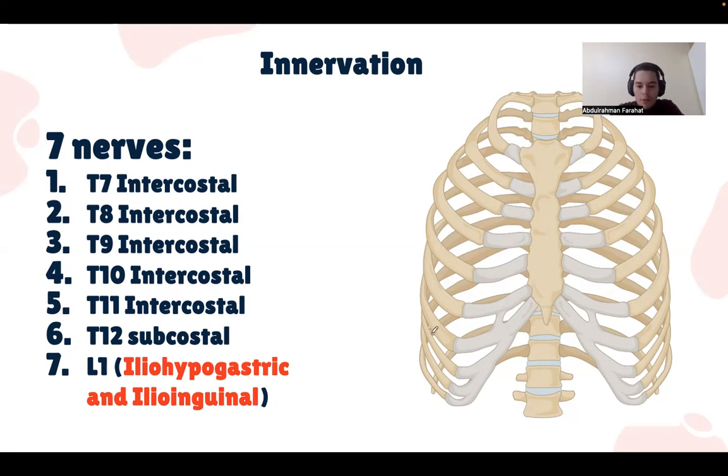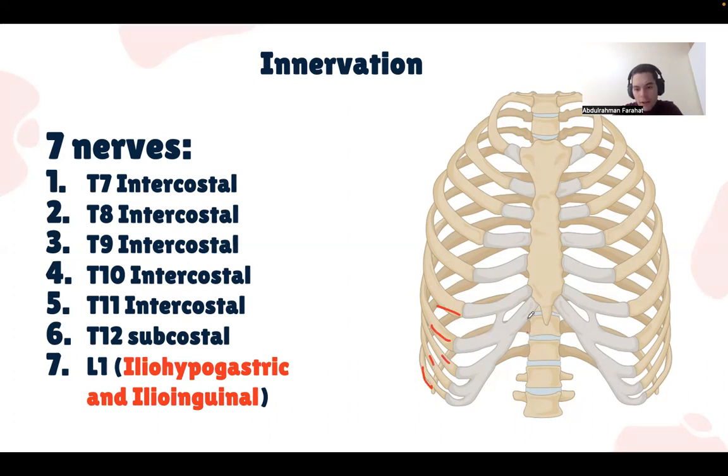So where is T7? This rib right here, that's T7. You'd have T8, T9, and T10. These are intercostal nerves, so nerves going below the ribs. And so it's 7, 8, 9, and 10.